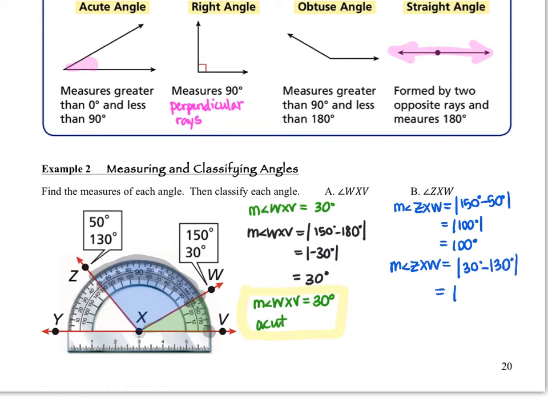And so that's going to give us also, same thing, 100 degrees. So we've got the measure of the angle, and using the measure of the angle, we need to classify that angle. And we know that when we have an angle that measures between 90 and 180 degrees, we call that an obtuse angle.